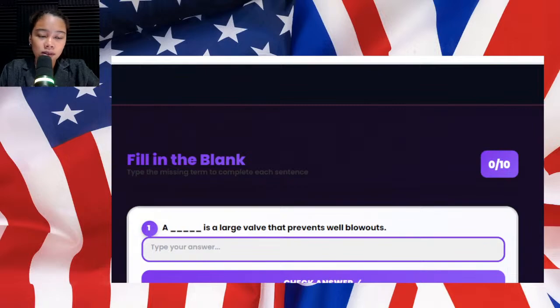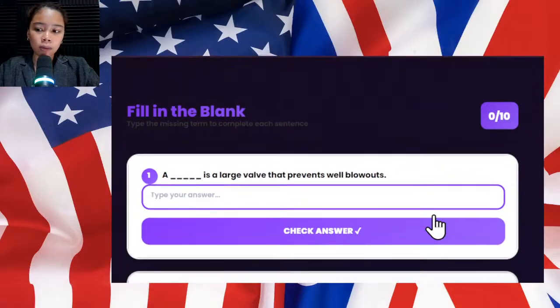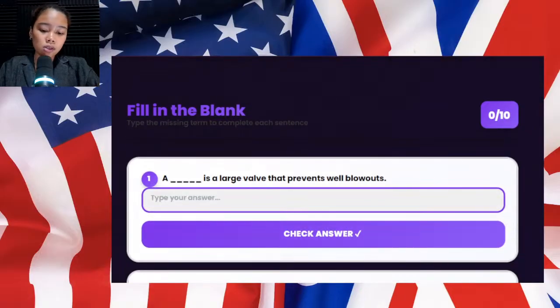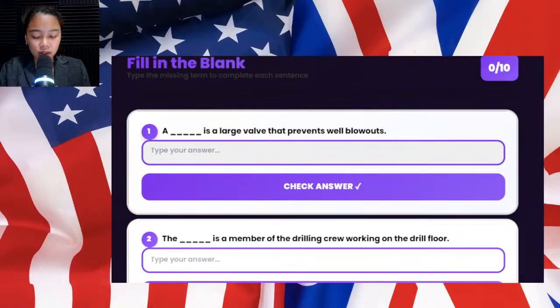We do not just check on the options. Okay, there are no options, so we're going to type it out. So here we're not just checking if you know the answer, but we are also checking if you know the spelling of the word or of the term.